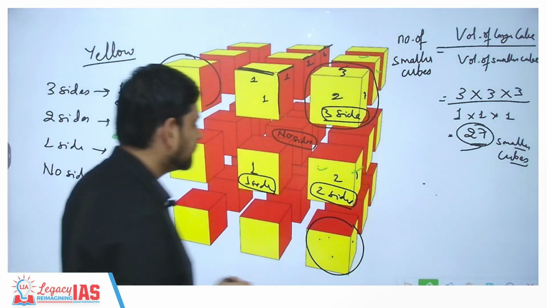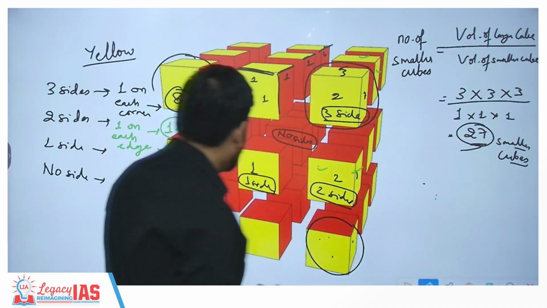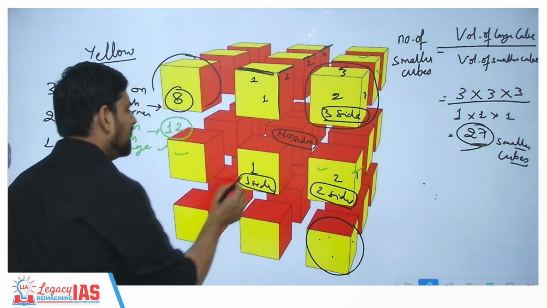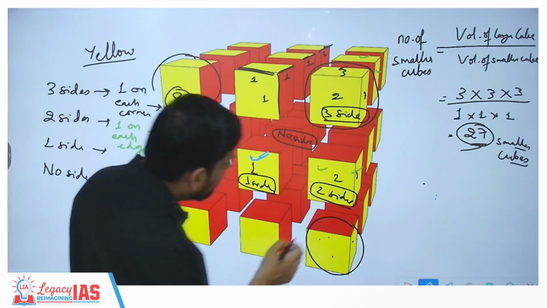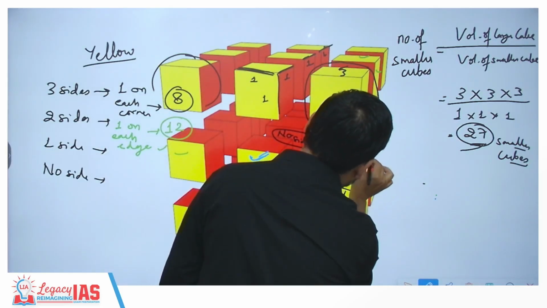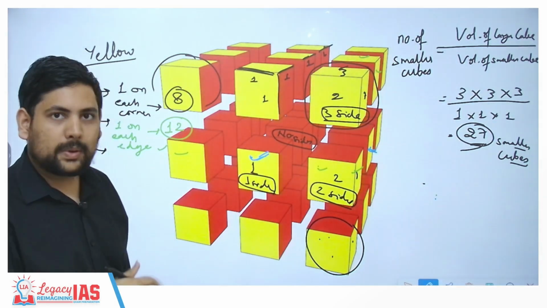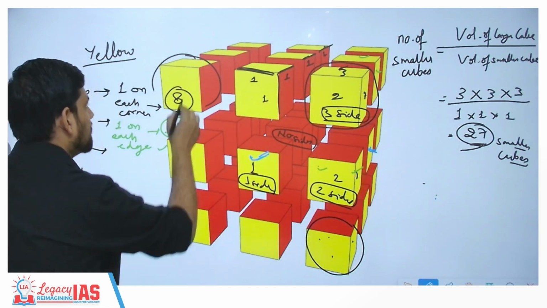Then next. Now let's try to find out how many of them are one side colored. As you can see, this one is one side colored. And any other, this one also, if you can see somehow, this is also only one side colored. Correct. So now the pattern here is, if you see this entire face, this is three side.